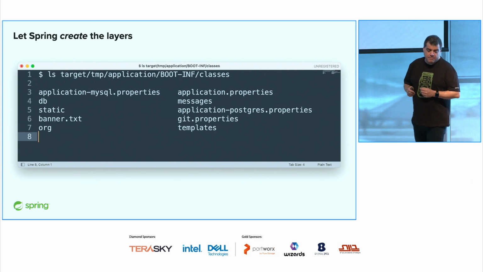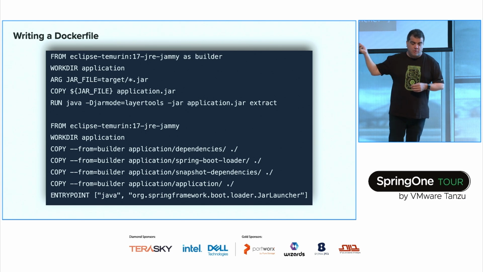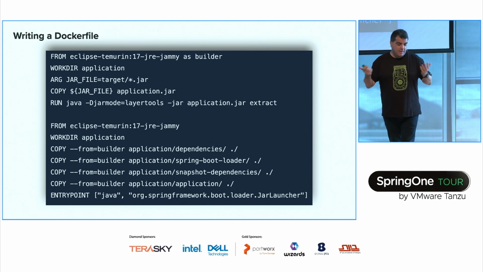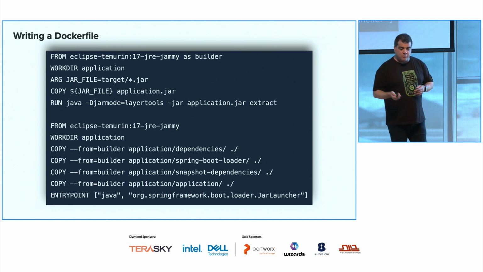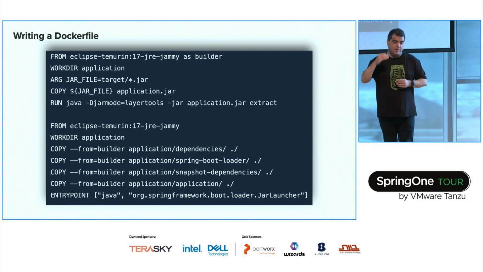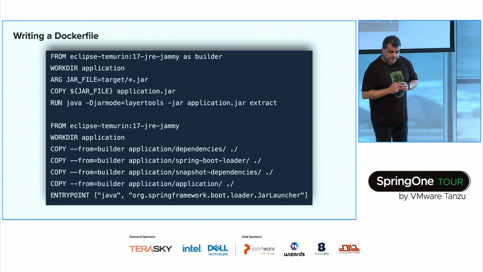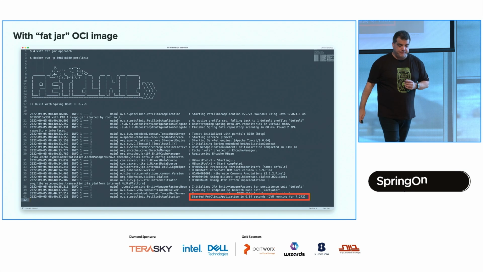So using this mechanism, we can now write a much more optimized Docker file where we basically do a multi-stage build. We start by compiling the application, and then we extract it to multiple folders, and then in a separate stage, we create a separate layer for each one of these folders, right? And now you basically have the optimized Docker file.